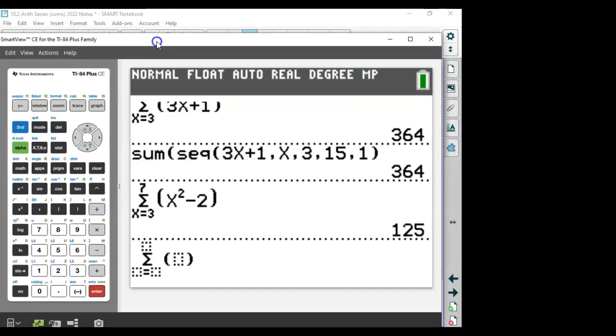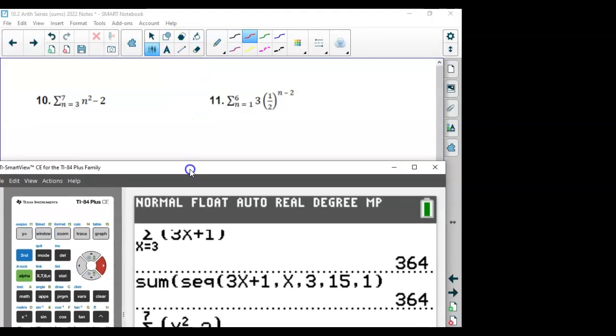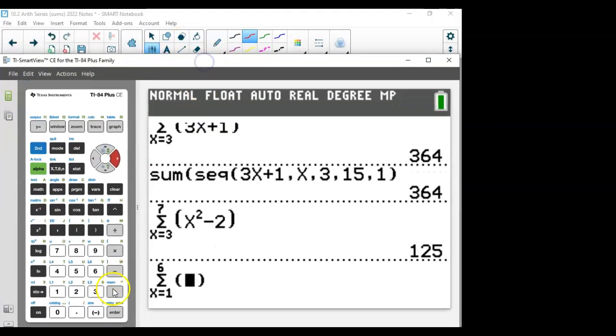And this one is terms 1 through 6. Okay, and it's got to all be in here. So 3, 1/2, n minus 2. 3, extra parenthesis, 1/2, to the n minus 2. Make sure you stay in that parenthesis.